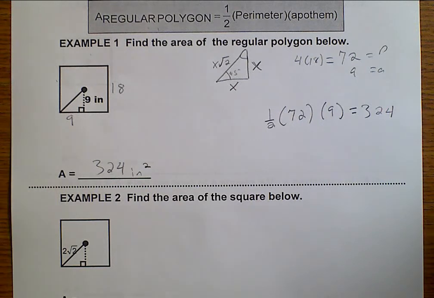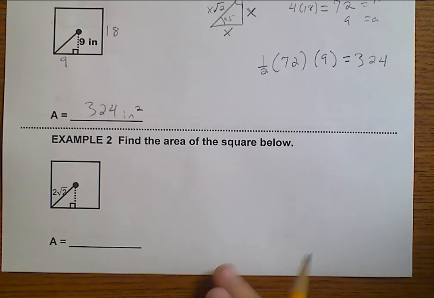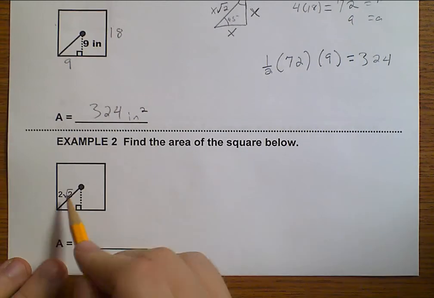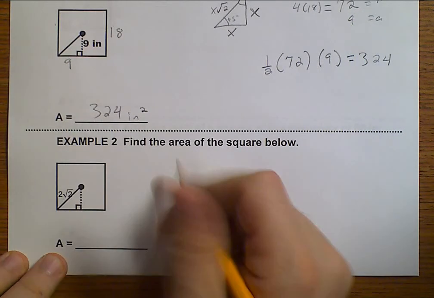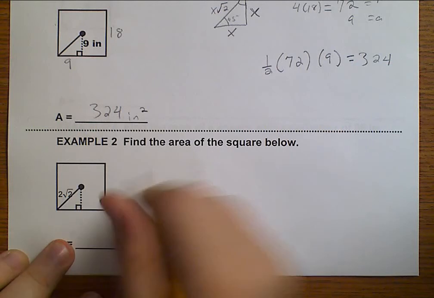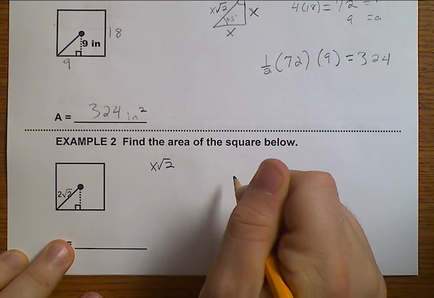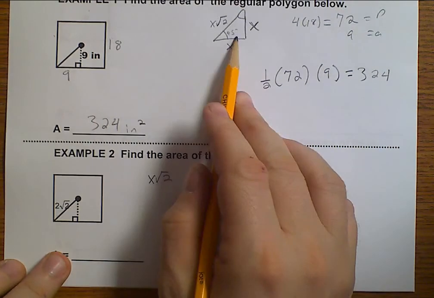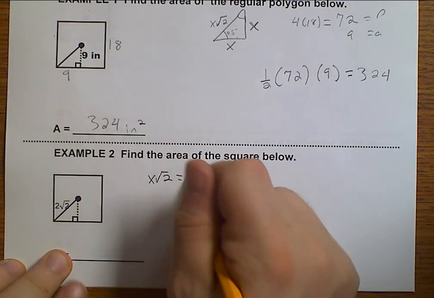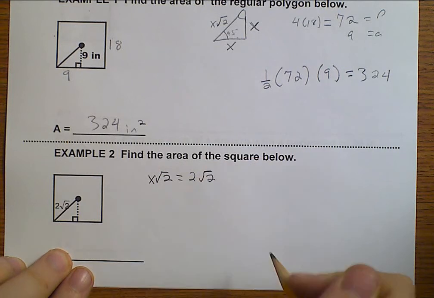Moving on to example number 2. We want to find the area of this particular square. This time they gave us the radius. Well, my radius is represented by x square root of 2, as you can see from this diagram up here. And so that equals 2 square root of 2.